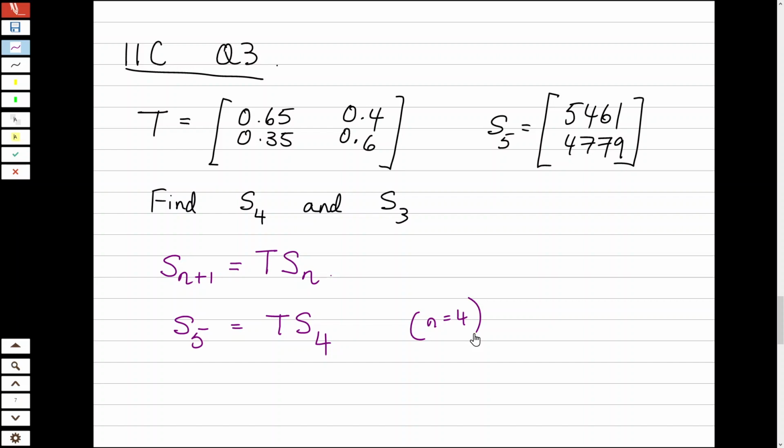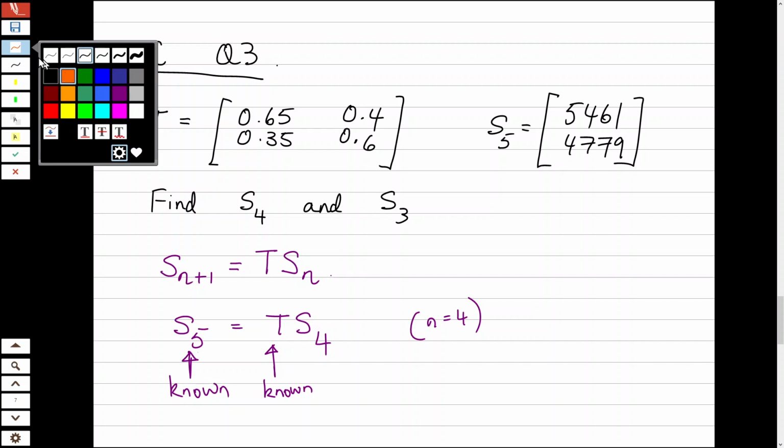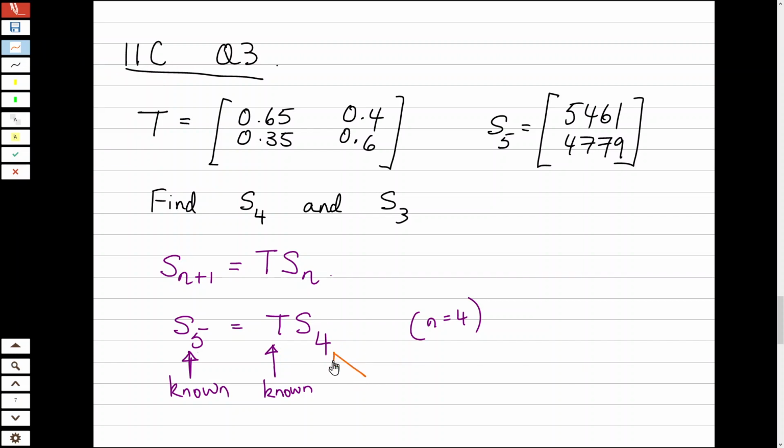The trouble is, I know S5, I know T, but S4 is unknown. I want to solve, hint hint, a matrix equation for S4.